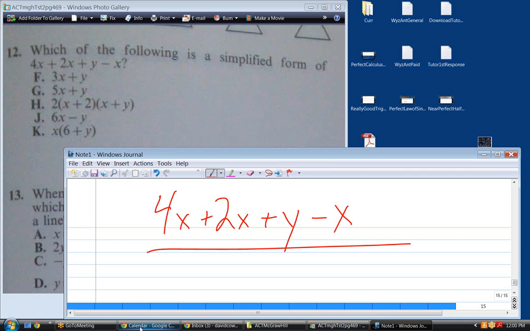Combine like terms. Like terms are x's or y's. 5x plus y. All right.